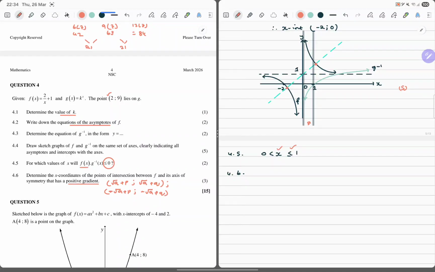So if we know that, we can just go straight to it. So this is going to be the square root of 2 plus nothing. Okay, this is just the square root of 2. Because there was 0 there, then this is going to be the square root of 2 plus 1. That's the one part.